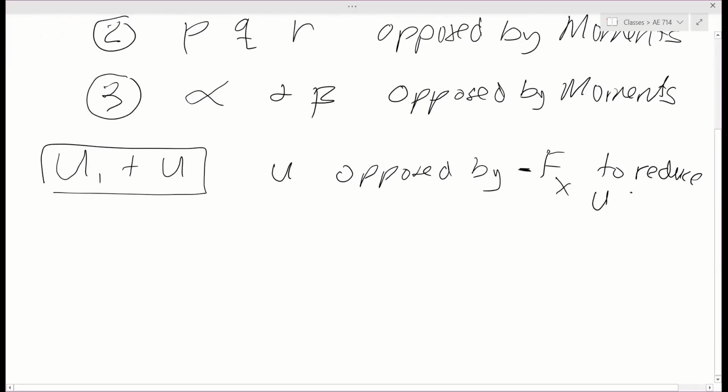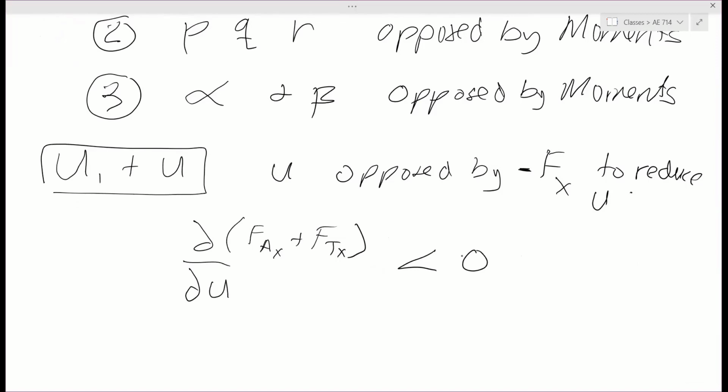And so what this means in terms of a derivative is the derivative of the total x force has to be negative. It's going to move from 0 in this trimmed steady state case to being negative.